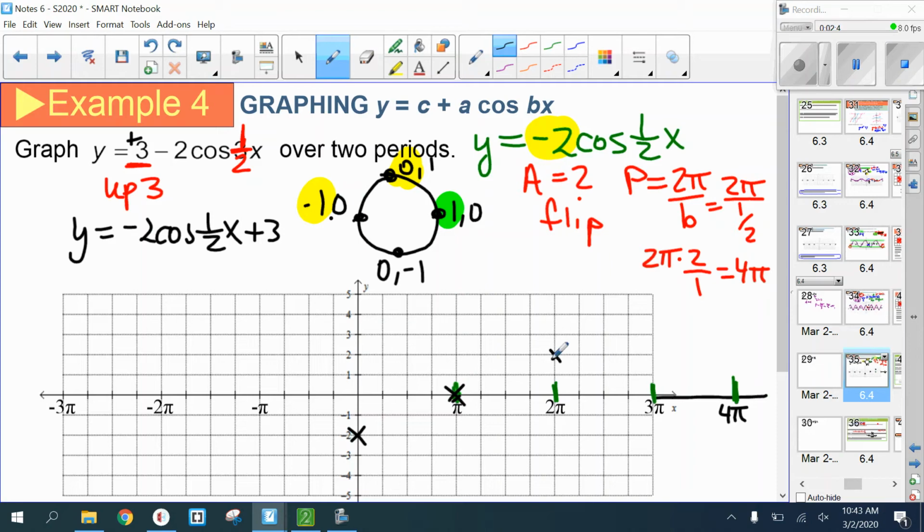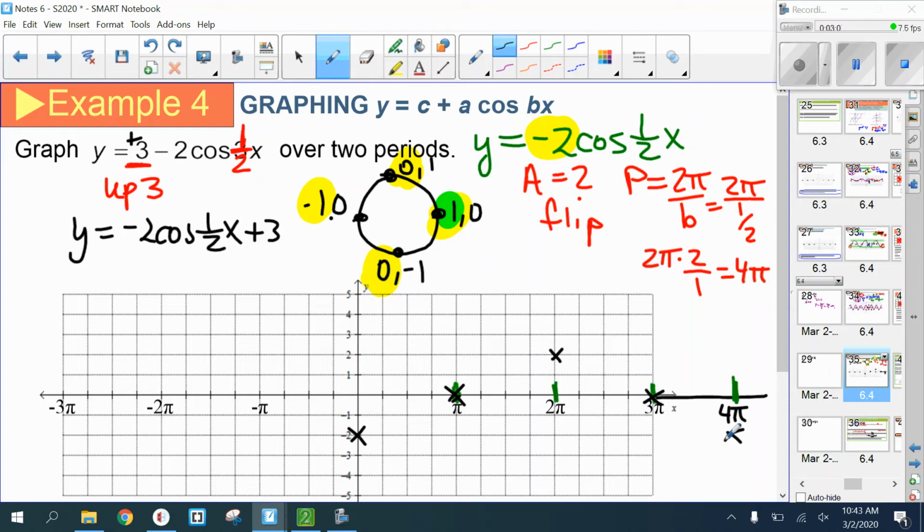Once you fill out the pattern, you don't have to do any more multiplication. The next cosine number is 0 times negative 2 will give me 0. And then you go back to positive 1 times your negative 2 is negative 2. So right there. All right, that's our regular cosine wave with a flip and an amplitude of 2.